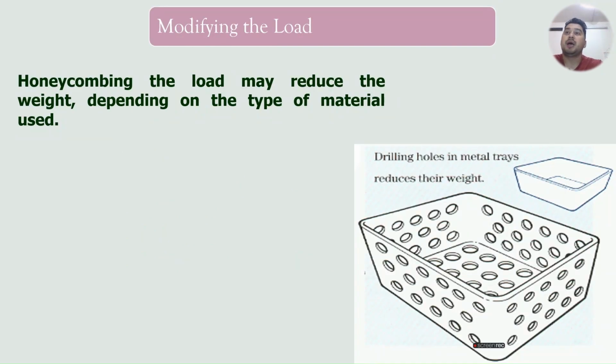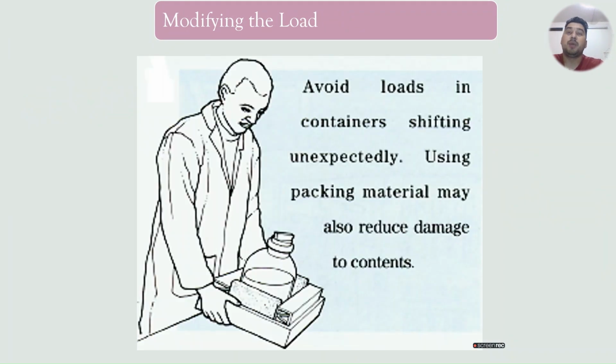Modifying the load. Honeycombing the load may reduce the weight depending on the type of material used. Modifying the load: avoid loads in containers shifting unexpectedly. Using packing material may also reduce damage to contents.